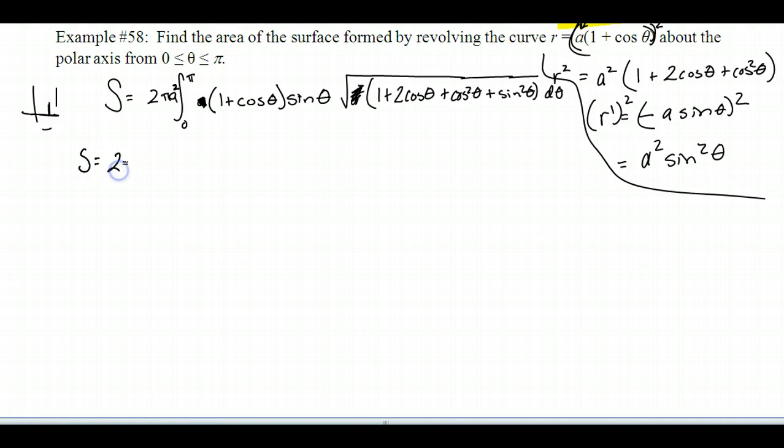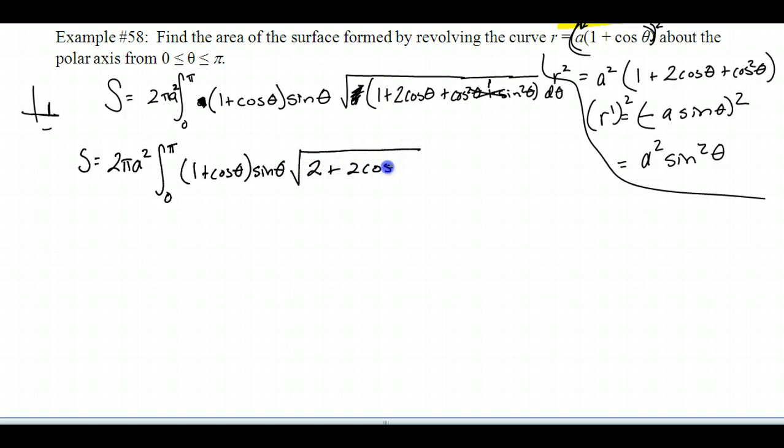Now I have 2 pi a squared. We're integrating from 0 to pi. And here we have 1 plus cosine of theta times our sine theta. And just like in the last problem, sine squared plus cosine squared is 1. So that gives us 1 plus 1 is 2 plus 2 cosine theta differential theta.